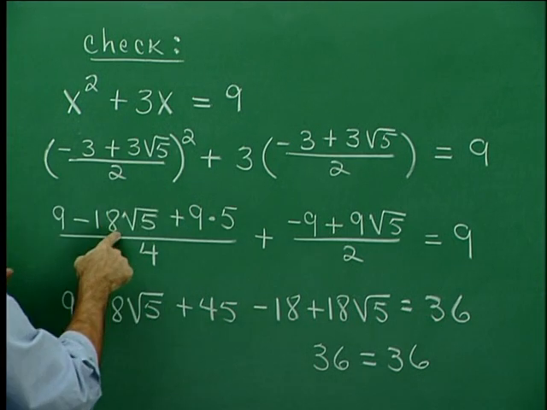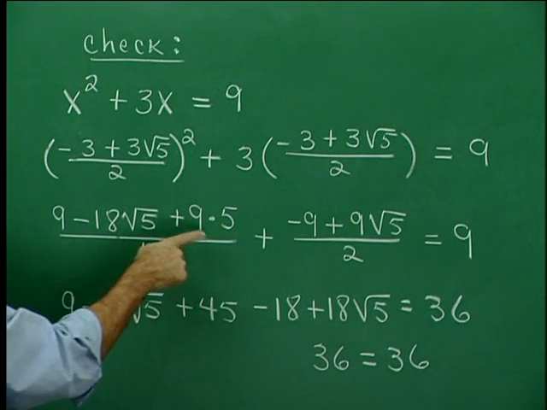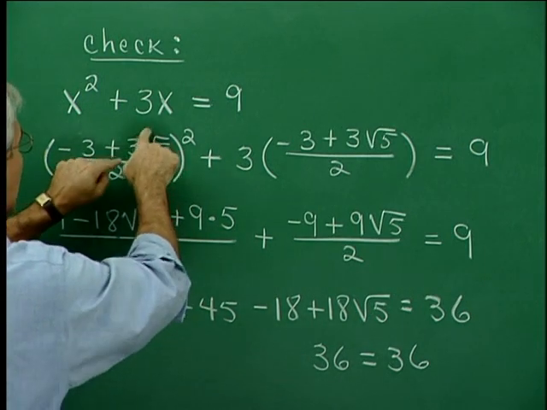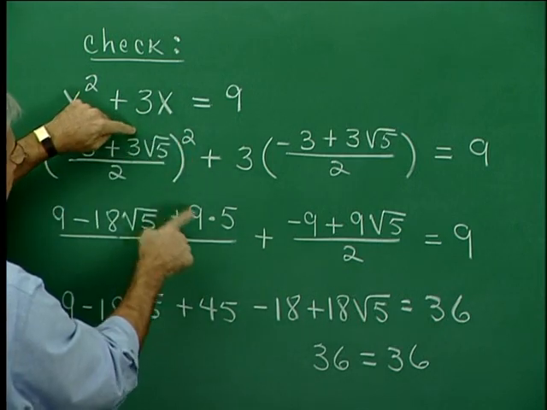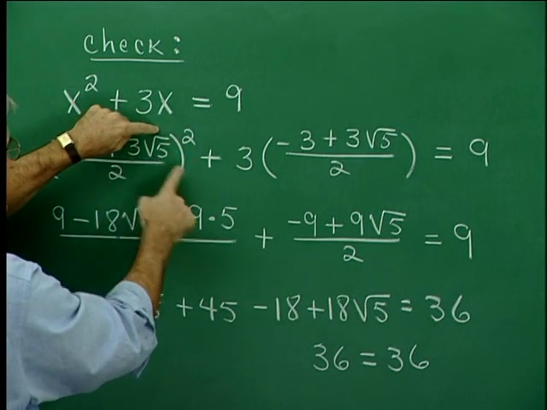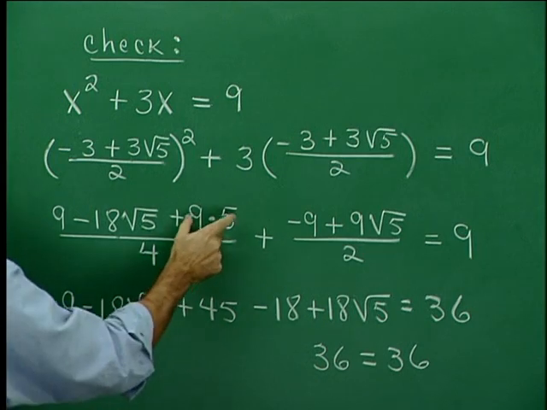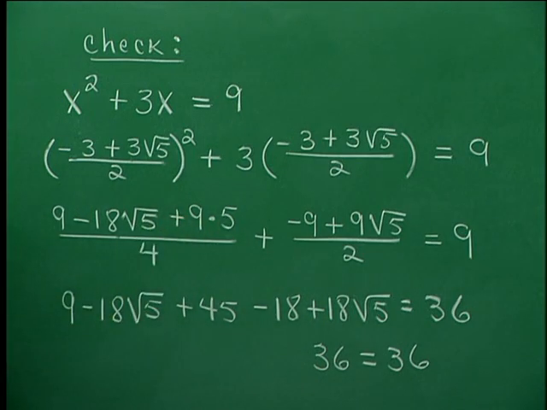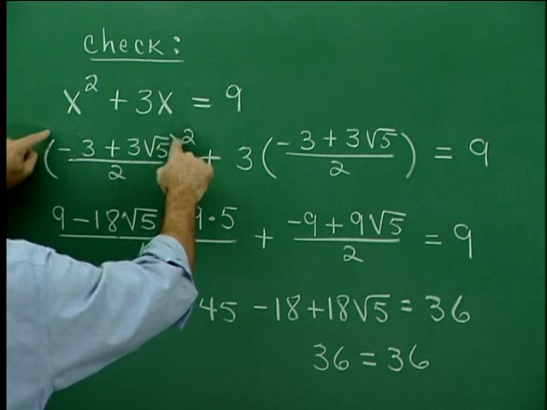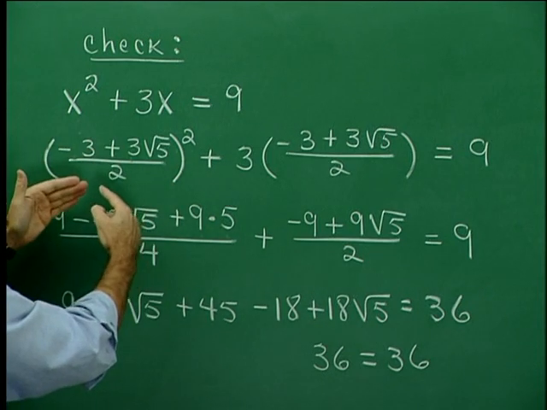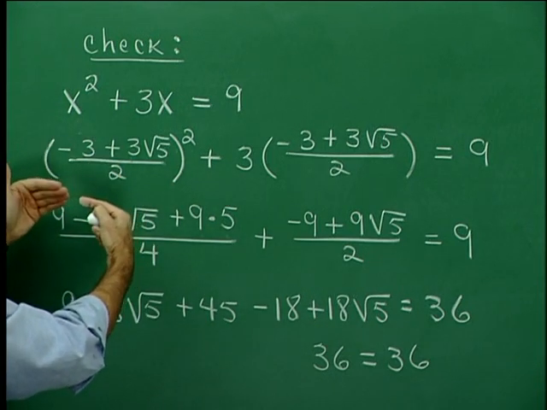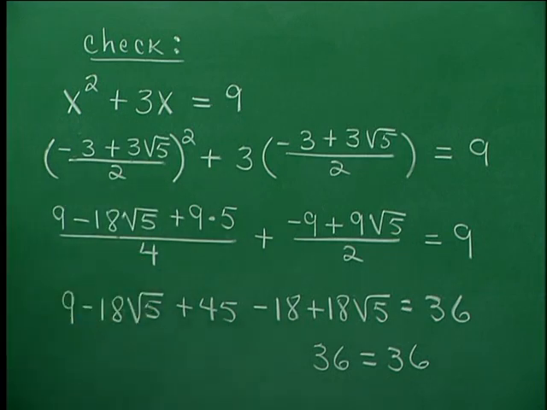Double that, we get minus 18 root 5. And the last term is the square of this. Well, when we square the 3, we get a 9 factor. When we square the square root of 5, we get 5. So this is 9 times 5. It'll become 45 in the next step. Now squaring this fraction, we know that we square both numerator and denominator, and we can think of those as separate operations. So squaring the 2, we get 4.